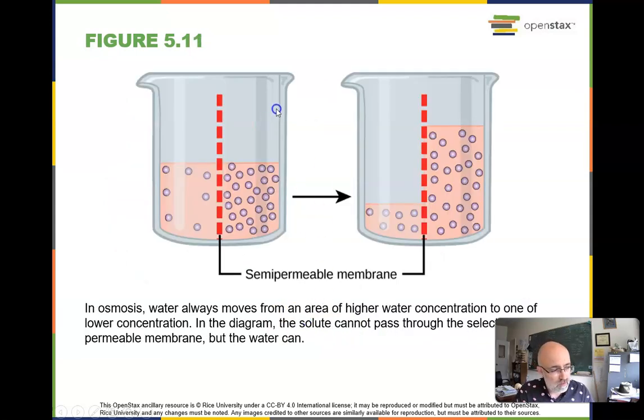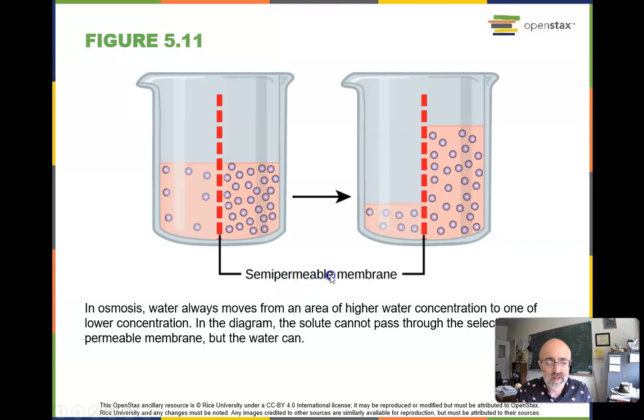Another form of passive transport that I think is often misused is osmosis, a very specific form of passive transport. Okay? And the thing that's specific here is it involves a membrane. It is a semi-permeable membrane.